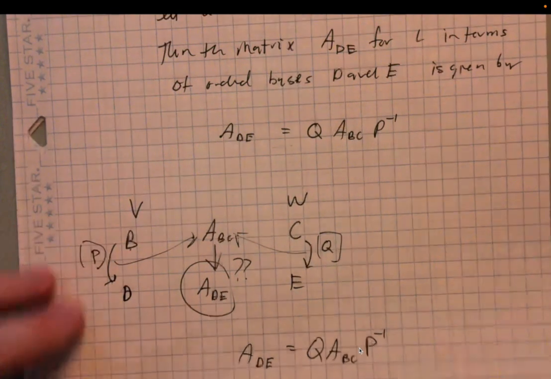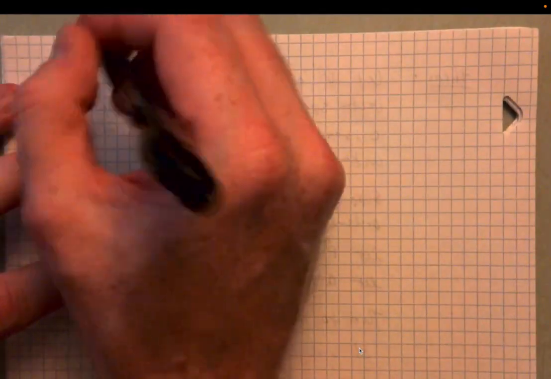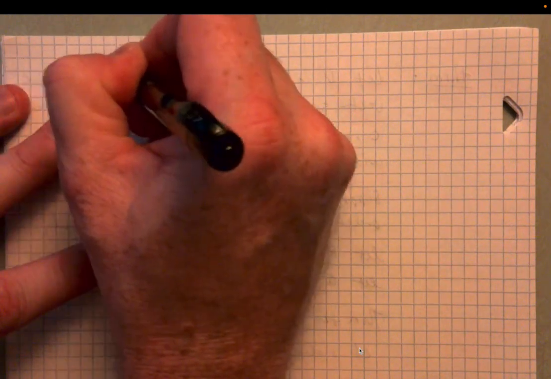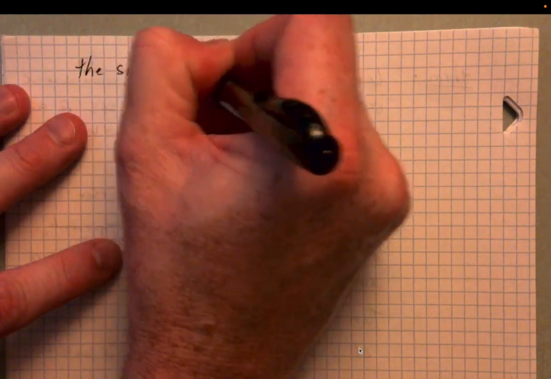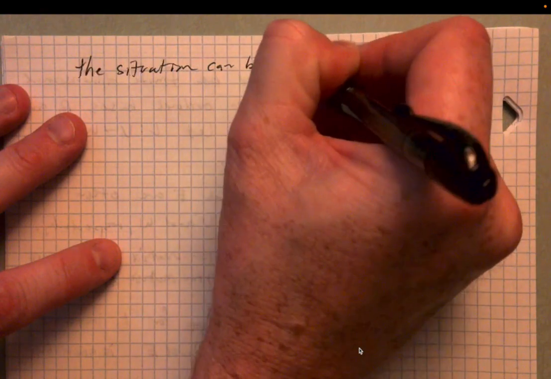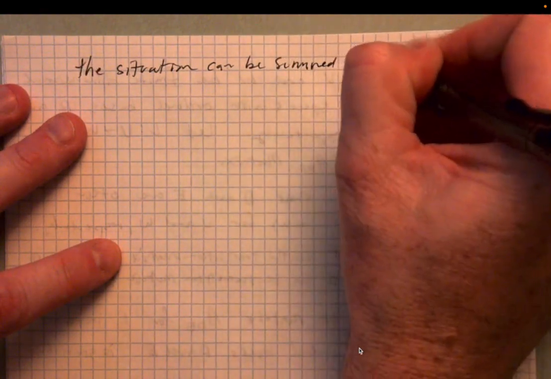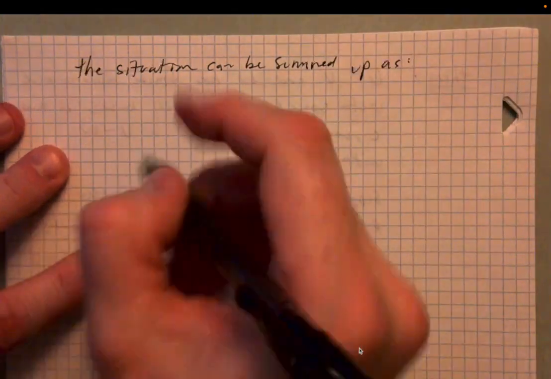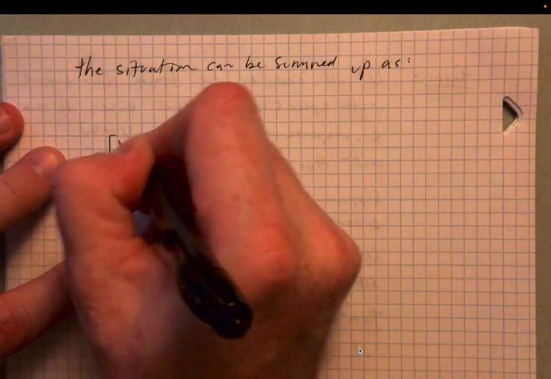All right, now there's a possibly better way to represent this. The situation can be summed up like we just did, or another way to look at it, let's start. I've got V coordinatized in B over here.